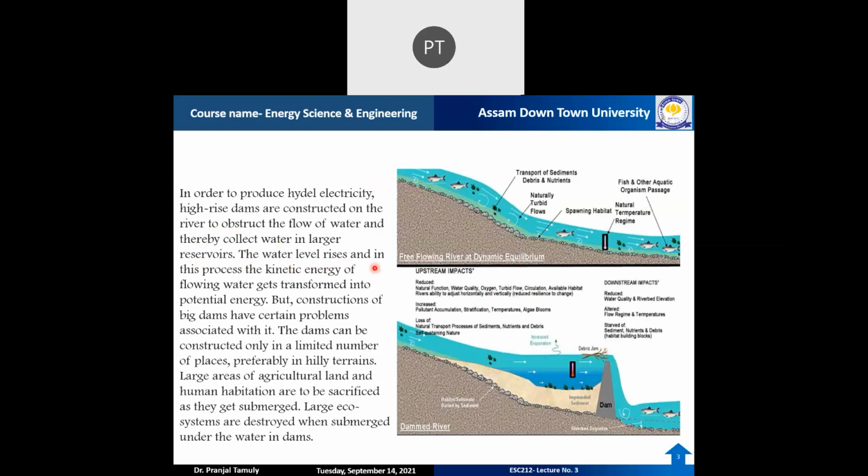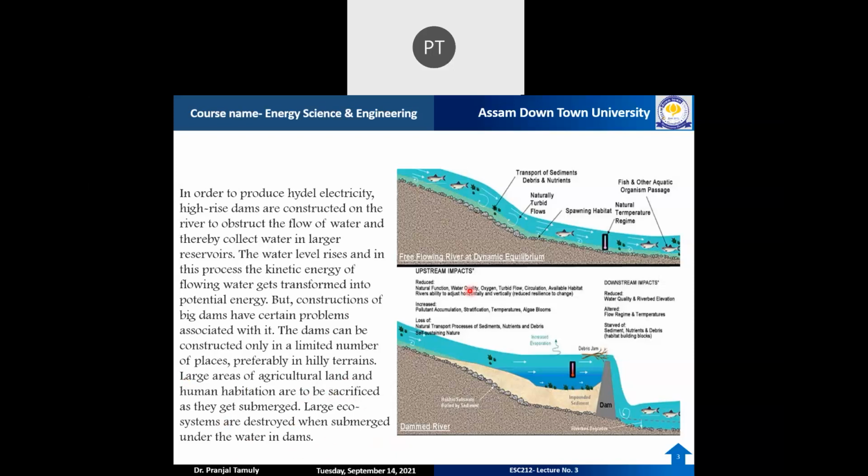The water level rises in this process, and the kinetic energy of flowing water gets transformed into potential energy. But the construction of big dams has certain problems associated with it. Dams can be constructed only in a limited number of places, preferably in hilly terrains. Large areas of agricultural lands and human habitats are to be sacrificed as they get submerged. Large ecosystems are destroyed when submerged under the water in the dam.